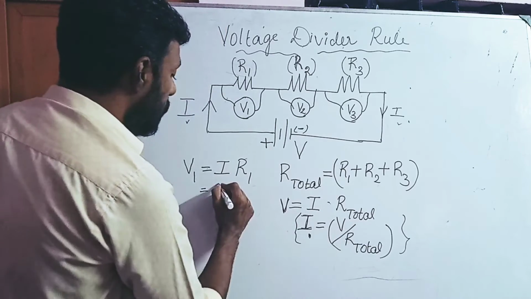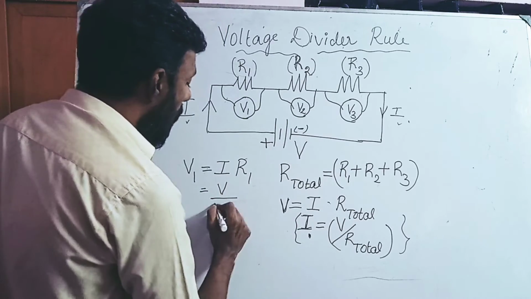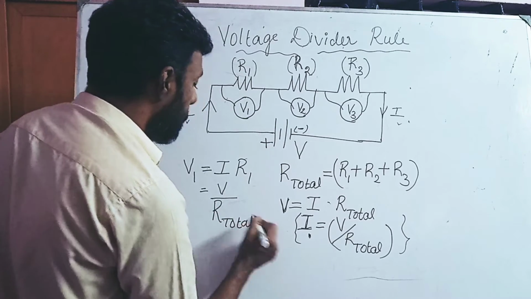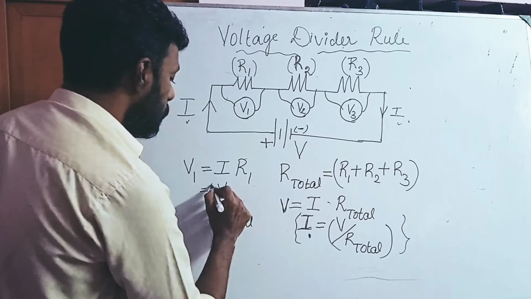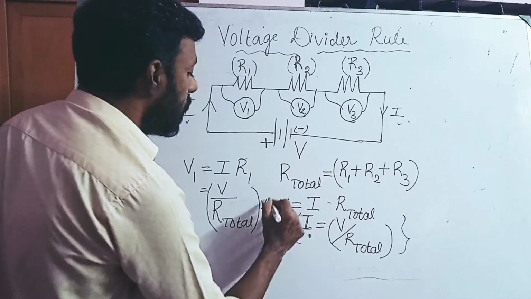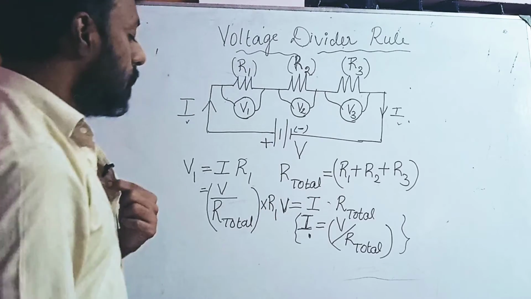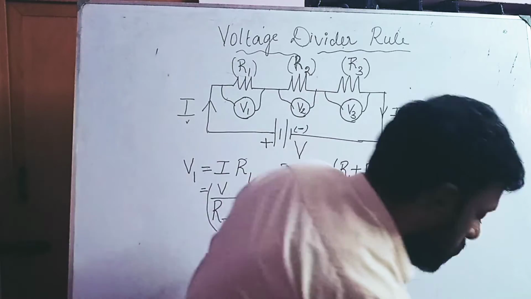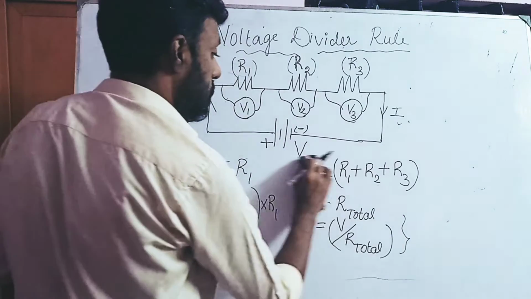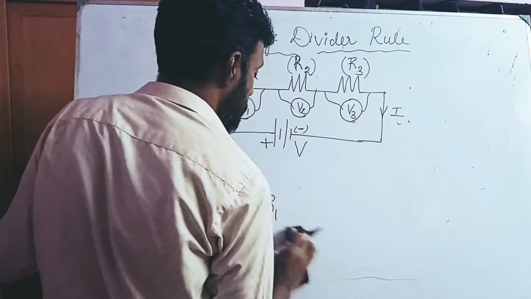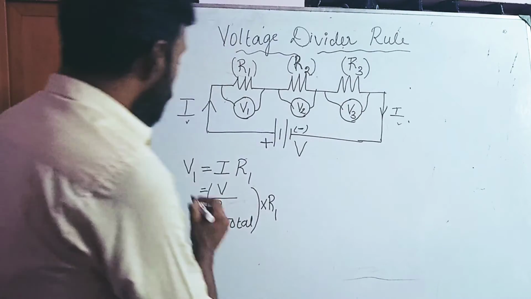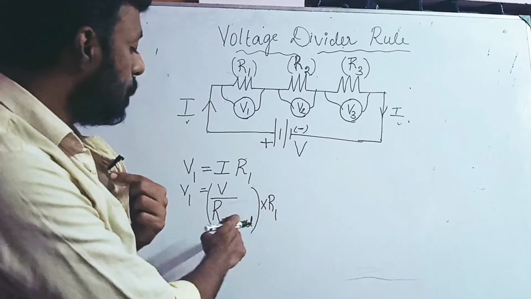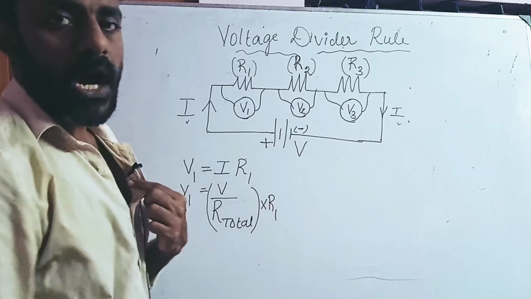V by R total, V divided by R total into R1. So V divided by R total is I into R1. So this is the value, that is V1. V1 is nothing but V divided by R total into R1.